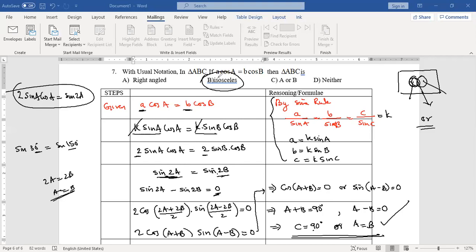A equal to B makes it isosceles, that is true. But whenever you see sine equal to sine, make it equal to 0, convert into product and say either this is 0 or this is 0. Cos is 0 when the angle is 90, sine is 0 when the angle is 0. So if the sum of the two angles is 90, the third angle C will be 90, so it's right angled. A minus B is 0 means A and B are equal, so it's isosceles. So it becomes right angled or isosceles.